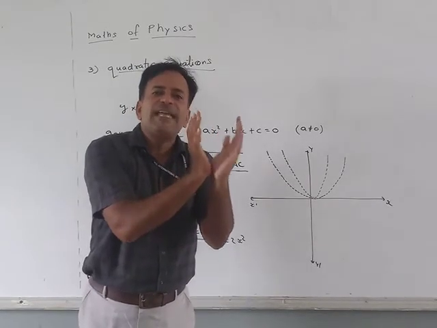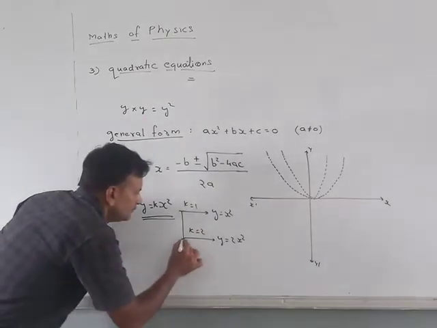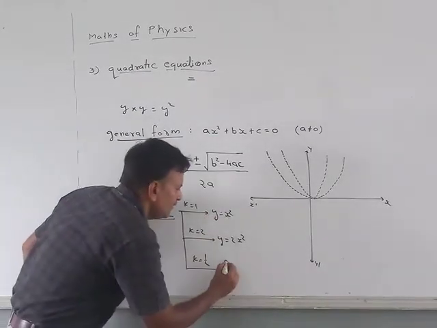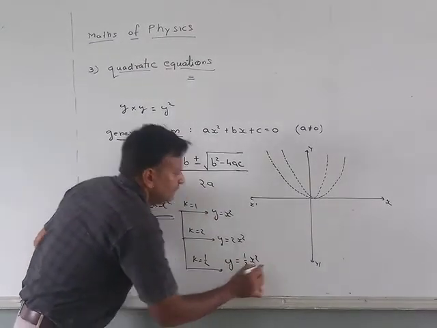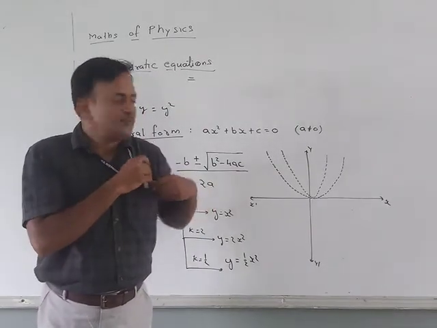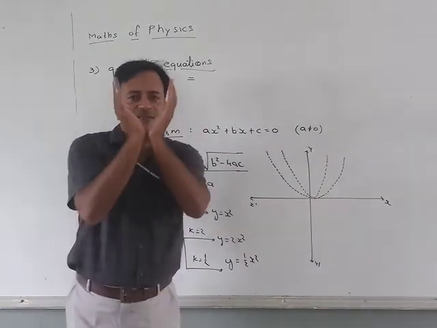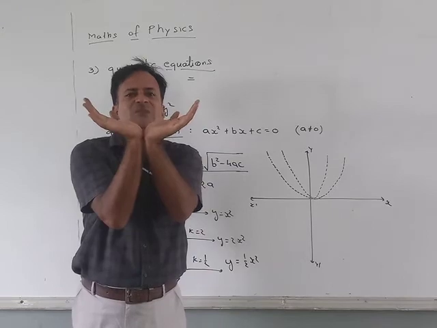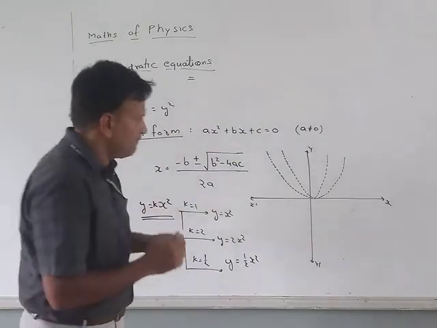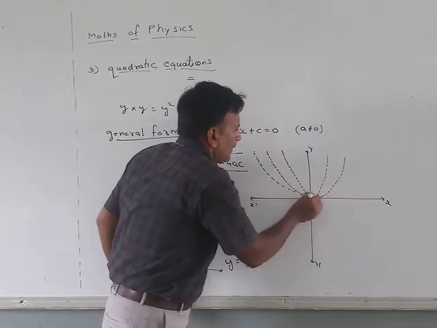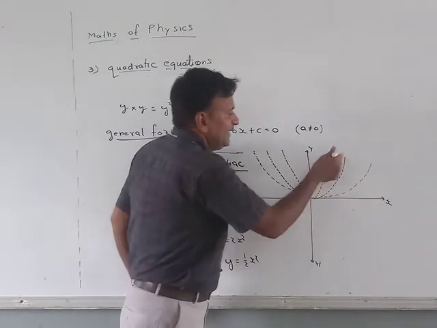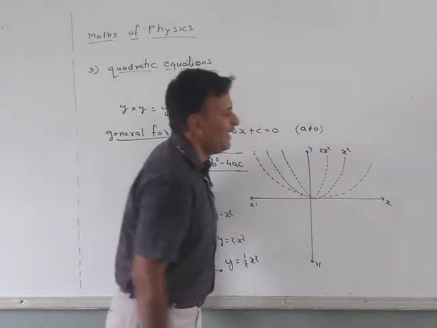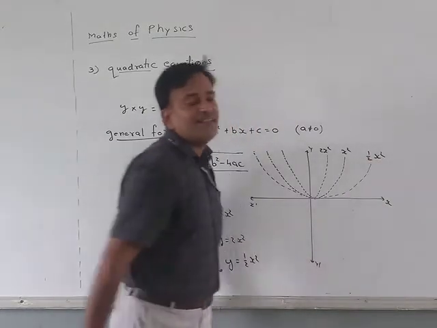What should happen if I put k equal to half? The equation becomes y equals half x square, and what happens to the graph? Can you think? This is x square, this is 2x square, this must be half x square. It is. Got it? This is for x square, this is for 2x square, this is for half x square.